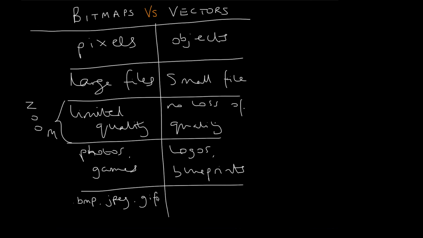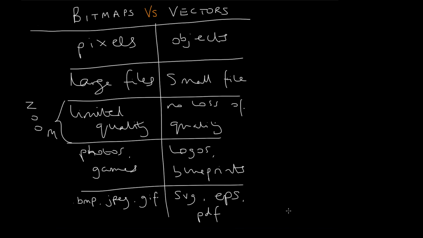Then over here on the vector side, you also have some characteristic file extensions, and a couple of these are SVG and EPS. Also, PDF files have vector information in them, as I showed you with the text when I zoomed in.